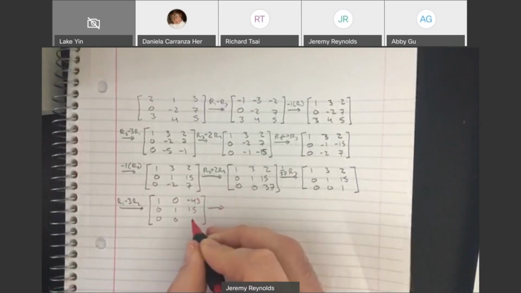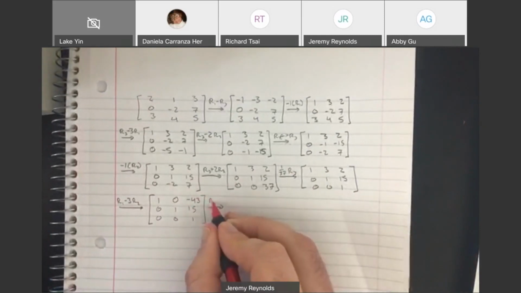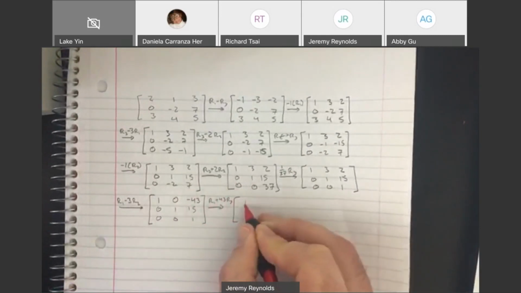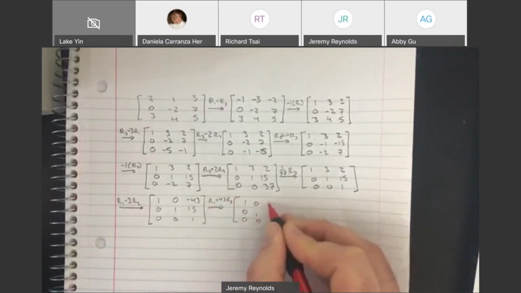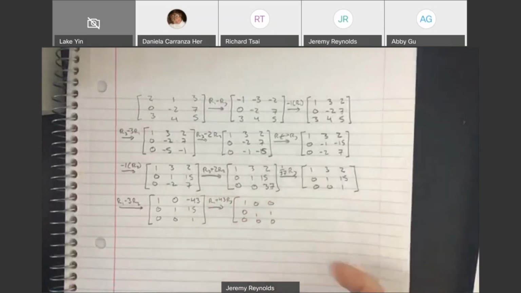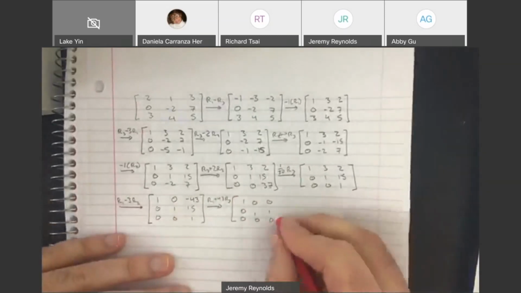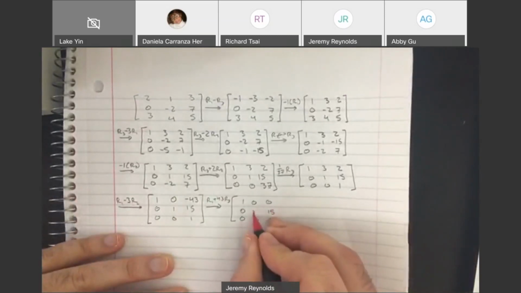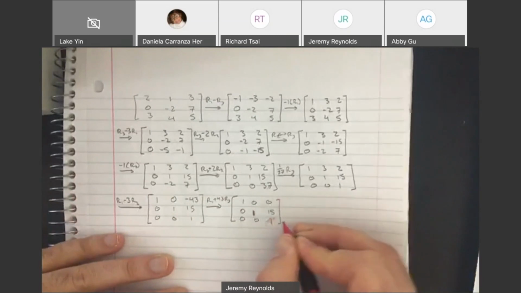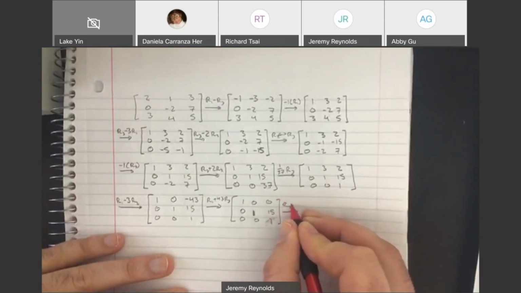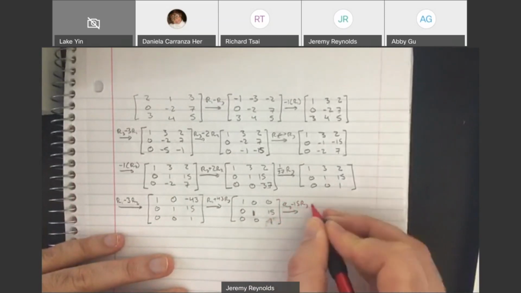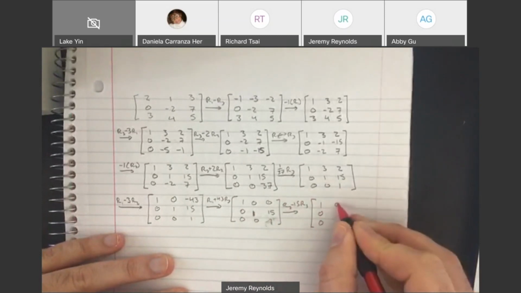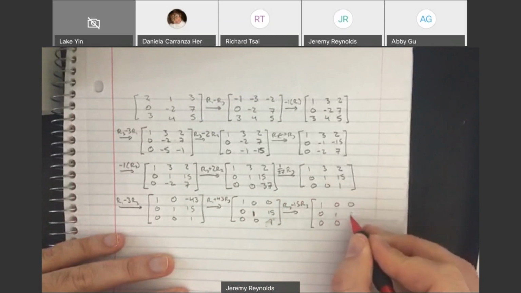And then from here, all we're doing is adding row 1 plus 43 row 3. And now row 2 minus 15 row 3. And that'll give us our matrix in reduced echelon form.